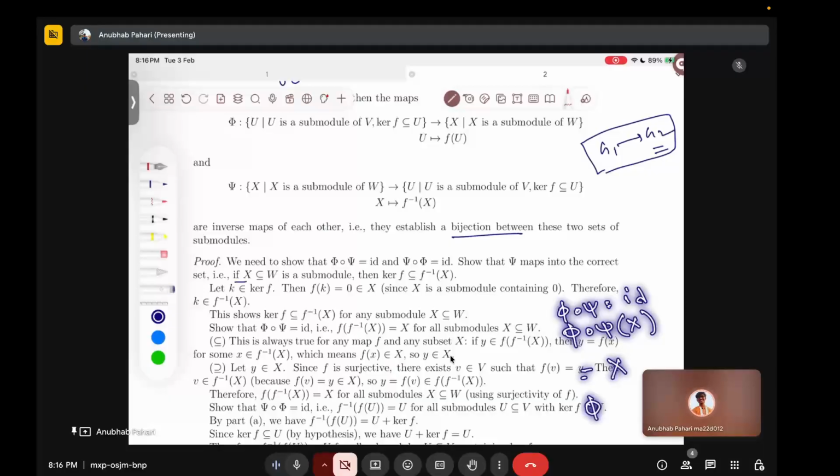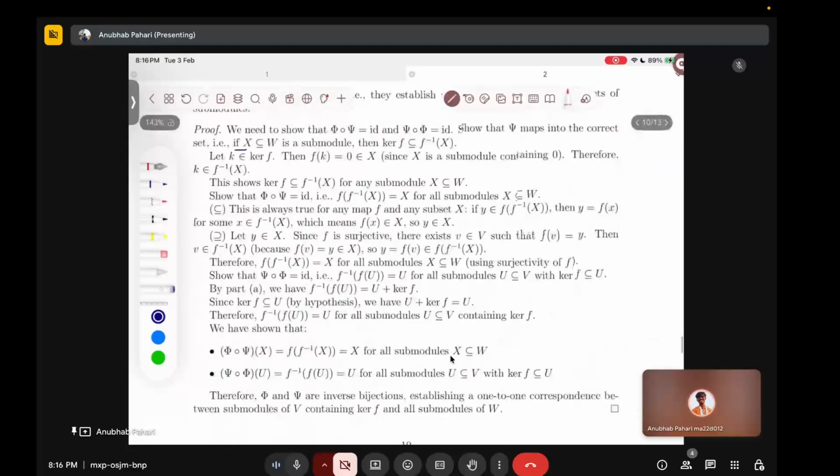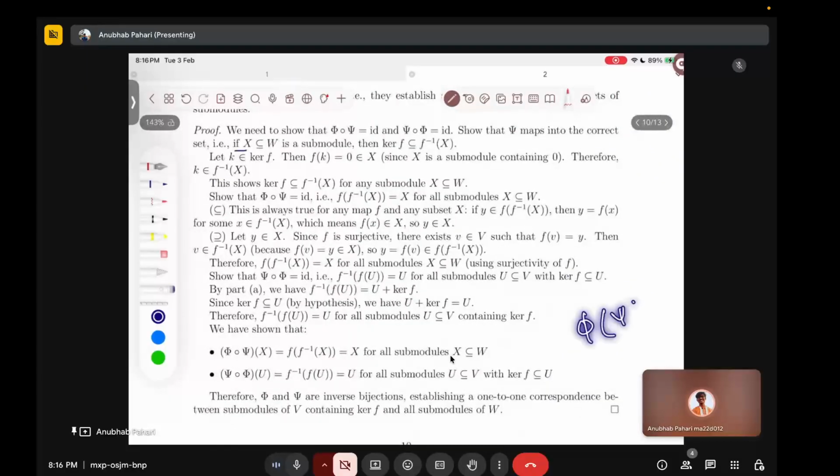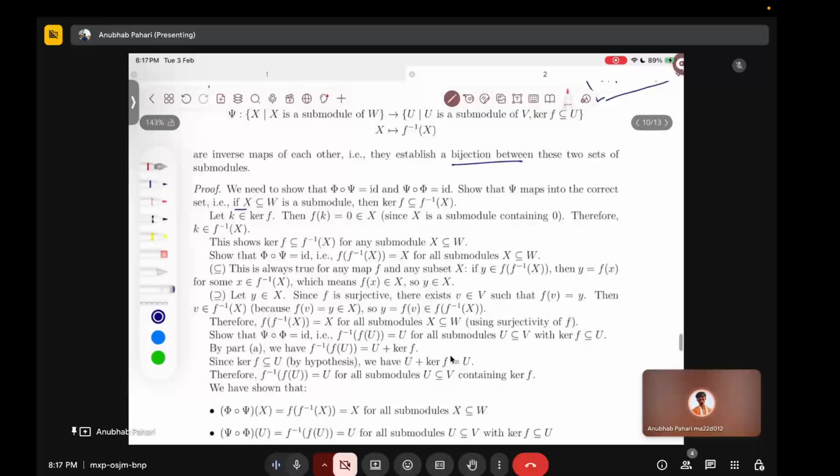And phi of psi of X is nothing but phi of f inverse of X, which is f of f inverse of X, what is written here. So we have to show that this is true. Now for the first direction, this is always true, right?